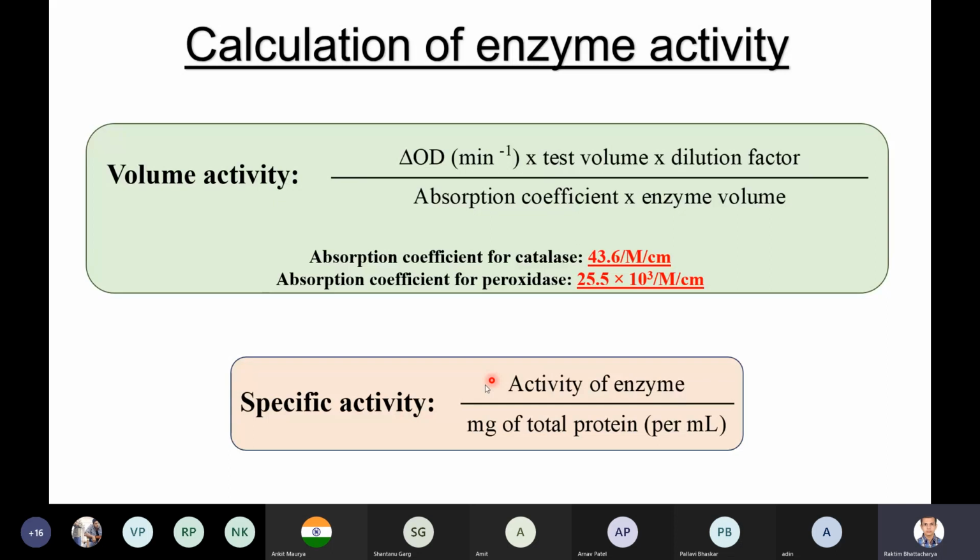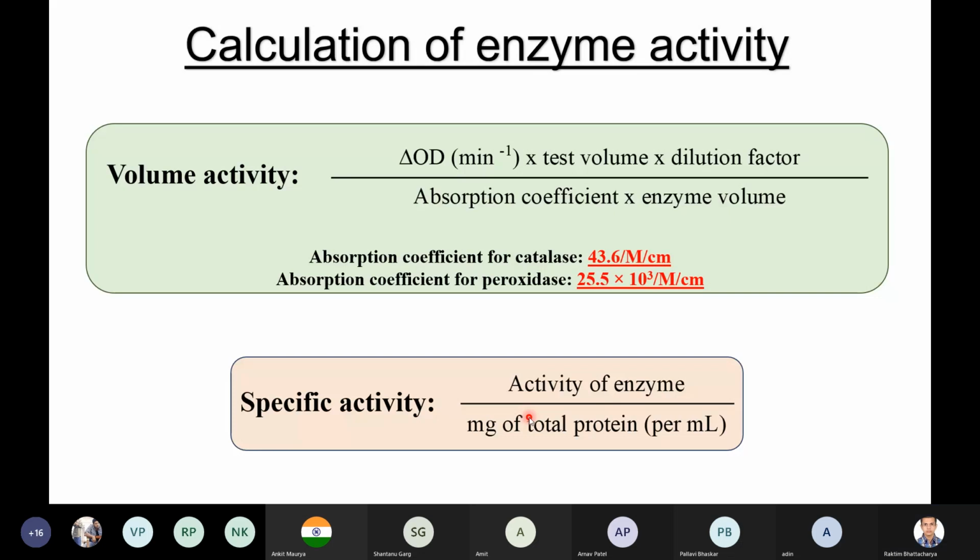in a particular unit of protein, in a particular unit of volume. This is very important, and this will also tell you whether your plant sample, or your target sample, is under stress or not, because under stress the reactive oxygen species production becomes higher.